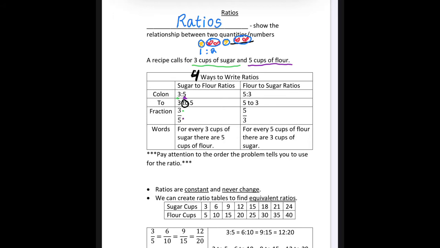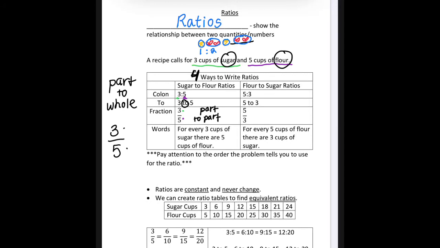This is something called a part to part ratio because you're comparing two different things. We've used fractions before, but that was a part to whole comparison. For example, if Miss Dixon ate 3/5 of the pizza, that is 3 pieces out of 5 pieces.